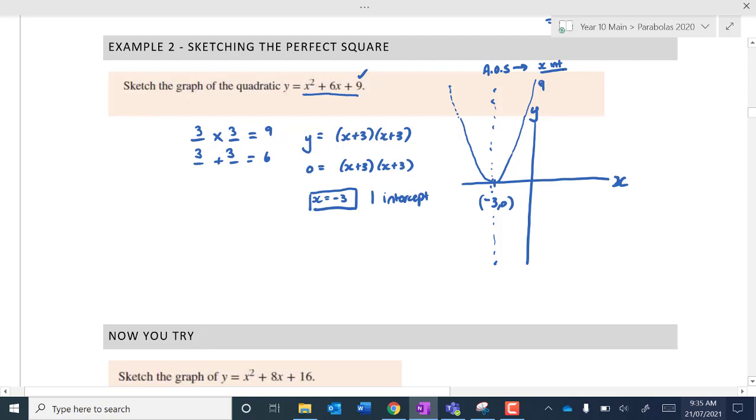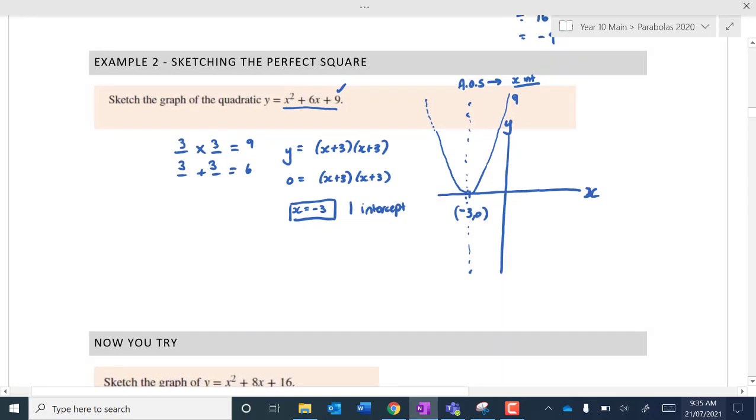Okay, so there's a couple of unique ones. If you have a repeated factor and you only have one intercept, then this is also the turning point, or the x coordinate of the turning point, if you like. So that's just one little extra thing to do.